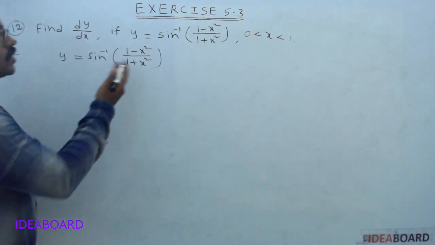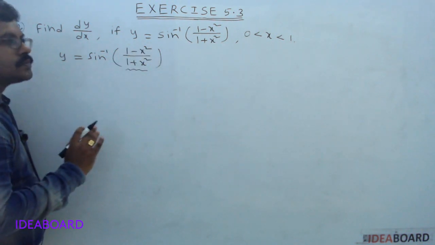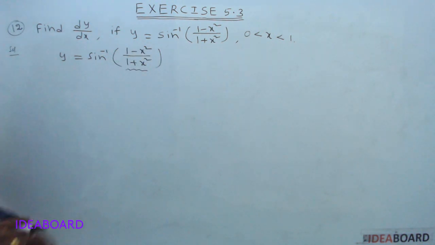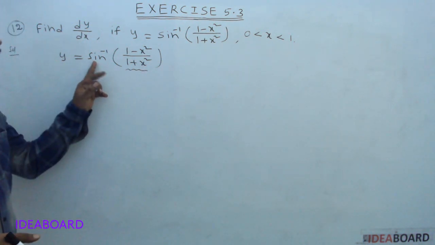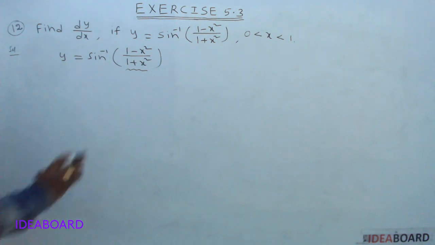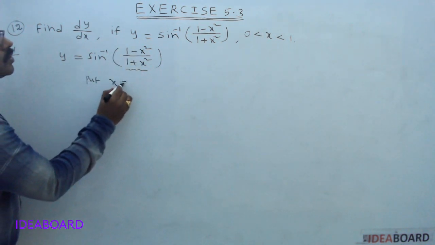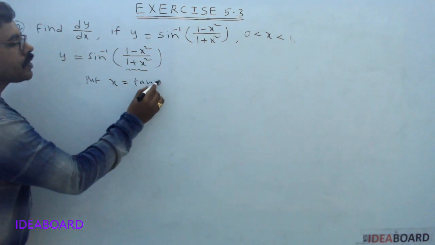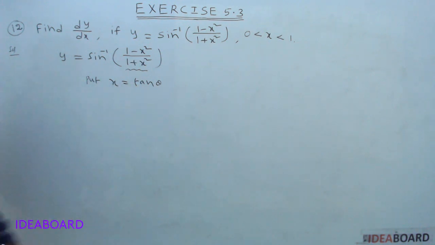Now again here also try to convert this value in terms of sine function. For that purpose I will take the substitution as x equals tan theta. What is our substitution? X equals tan theta.